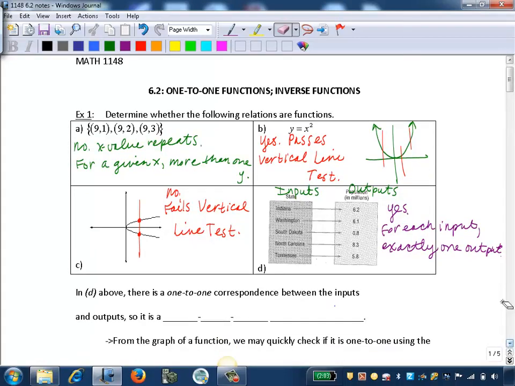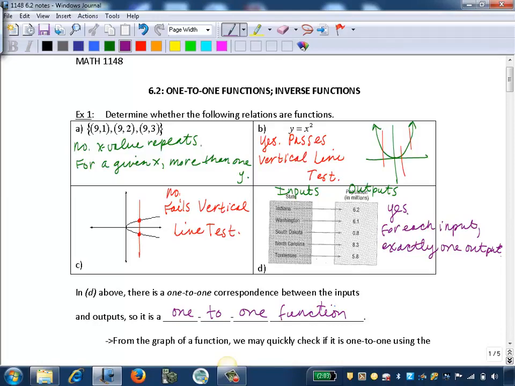Okay, now, in part D, because of these arrows going from exactly one state to exactly one population, there's one arrow going to each. That means this is a one-to-one function because there's a one-to-one correspondence between the inputs and the outputs.